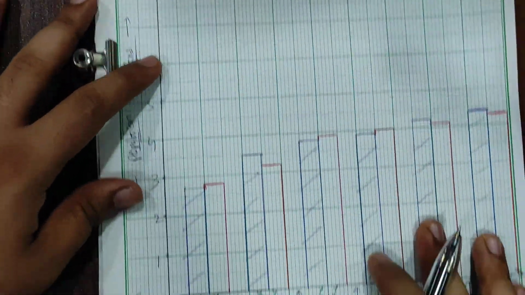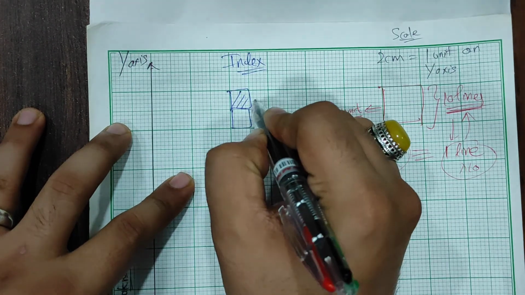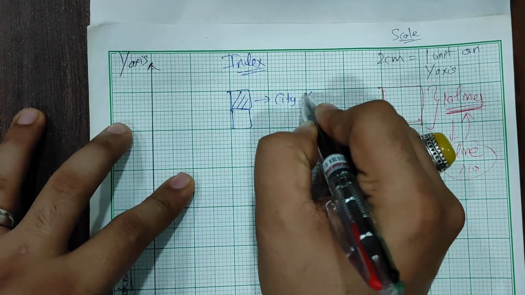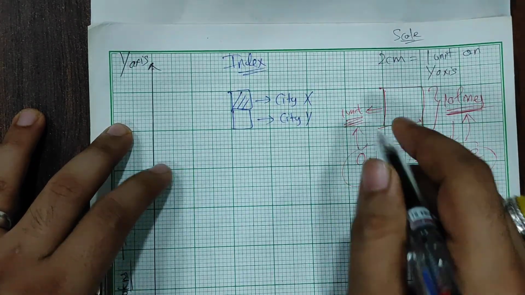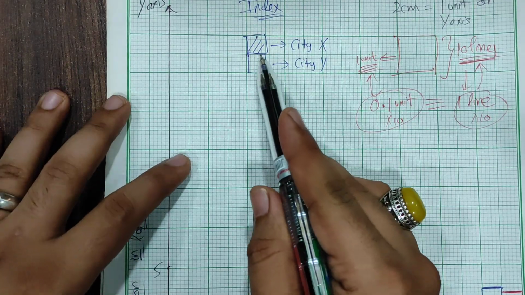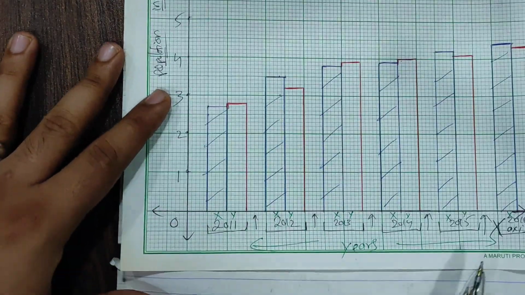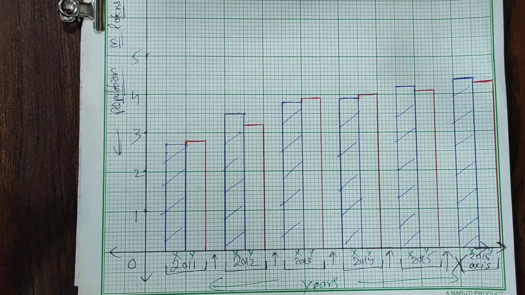As I have taken city X always with the shaded part, we shade it, and this is city X, and without shade it's city Y. Students, it's compulsory, because the person who reads the graph will not know what the shaded part and the unshaded part are. So by this we complete our graph. Please all of you pause the video and do it fast.